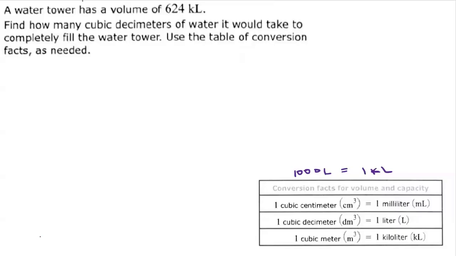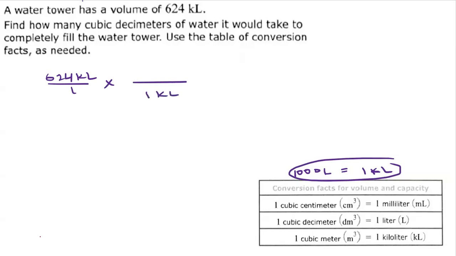So again, we're going to start off with 624 kiloliters over 1. We need to get rid of the kiloliters, so we need this conversion here. I put the kiloliters on the bottom and 1,000 liters on the top. So the kiloliters are gone.